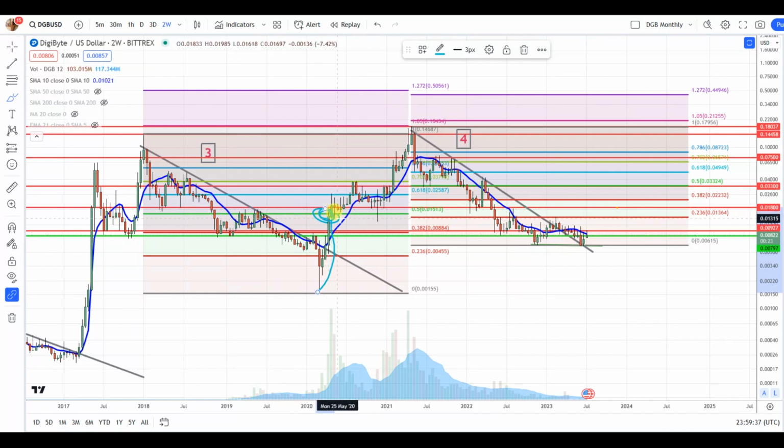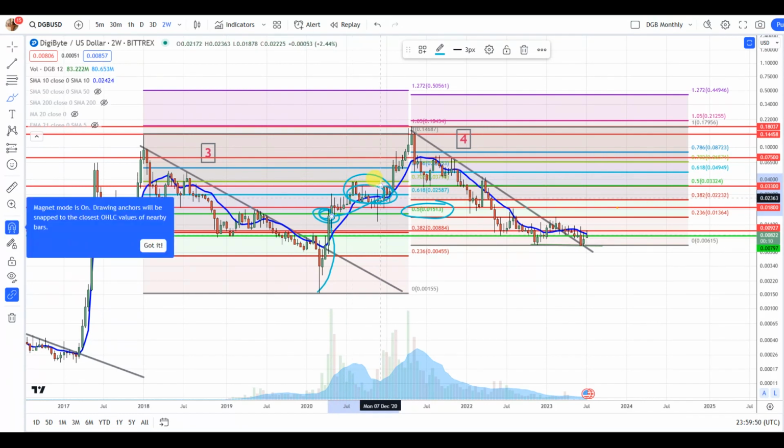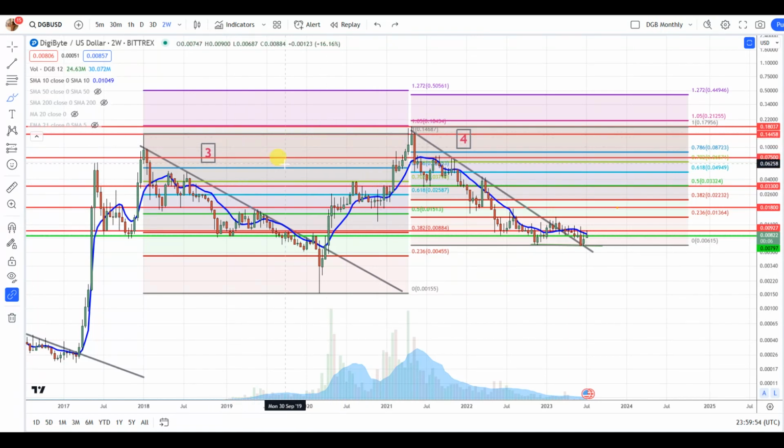We initially saw a move up to the 0.5 fib retracement level. Ultimately, then we continued moving up and battled the 0.6 to 0.702 fib retracement level for many, many weeks. The 0.618 fib retracement level is known as the golden ratio. So ultimately, it wouldn't surprise me to see us battling around the 5 cent area.